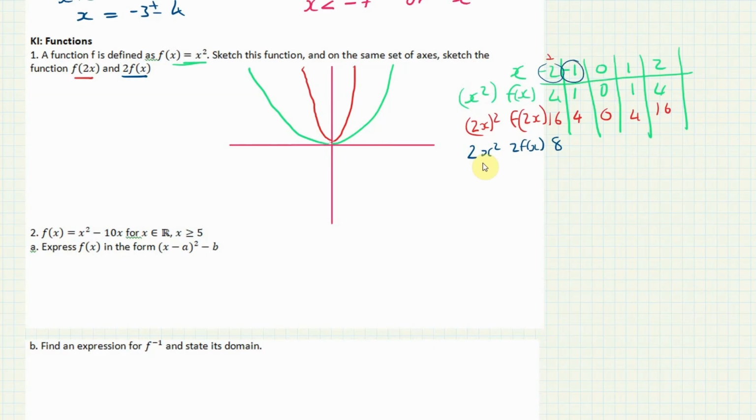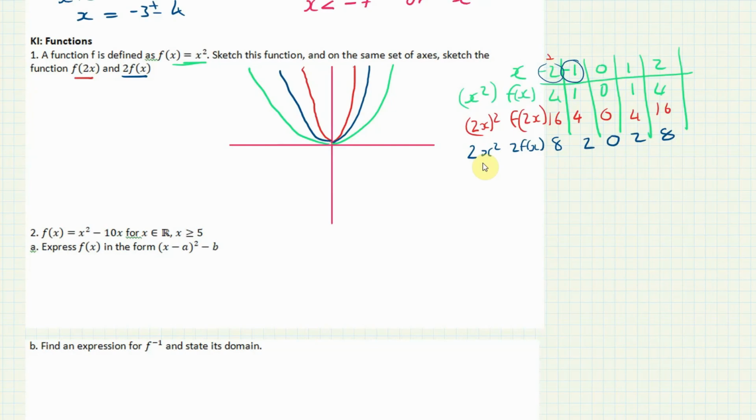We get our x squared here, which is minus 1. We square it. So minus 1 squared is 1. We times it by 2. And so on and so forth. So this one is steeper than the original, but not as steep as the red one. Okay, and I'd probably want to label those as well, but I'm not going to do that in this video because that will take extra time, wasting time.